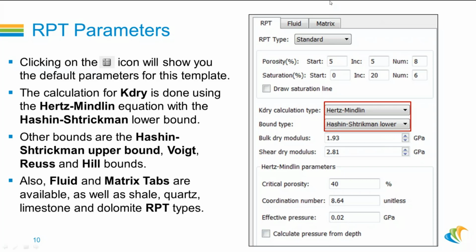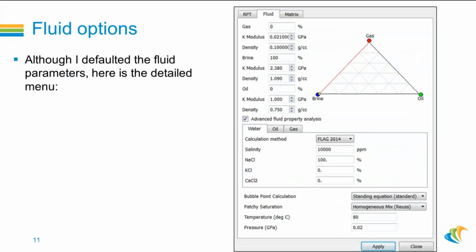Also, the fluid and matrix tabs up here are available, as well as different RPT types. We've got shale, quartz, limestone, and dolomite RPT types. Although I defaulted the fluid parameters, here's the detailed menu.